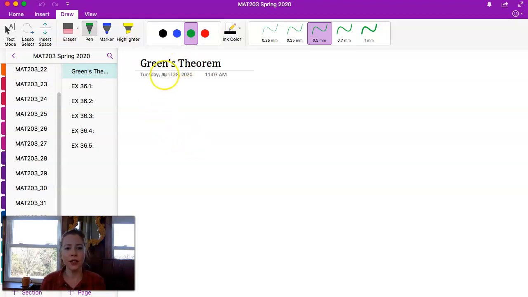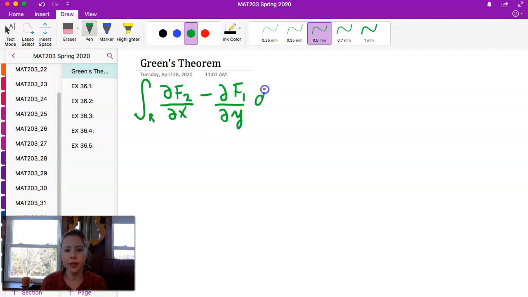So let's rewrite what I just said in a more formal way. Say we have an integral over some region of del f2 over del x minus del f1 over del y dx dy.